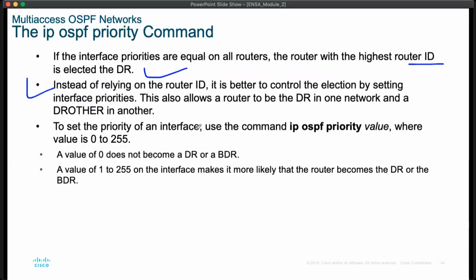To set the priority of an interface, use the command ip ospf priority value, where value is between 0 and 255. The value of 0 does not become DR or BDR. The value between 1 and 255 on the interface makes it more likely that the router becomes DR or BDR.